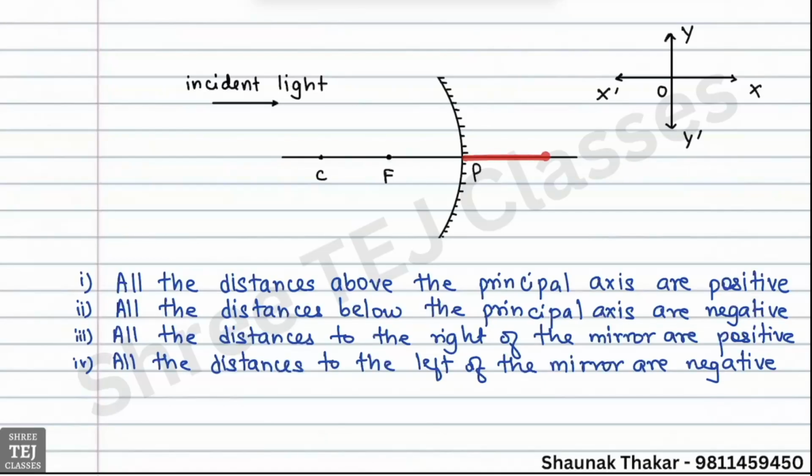So right of the mirror positive, left of the mirror negative. Above the principal axis positive, below the principal axis negative. So using this, we will solve numerical problems.